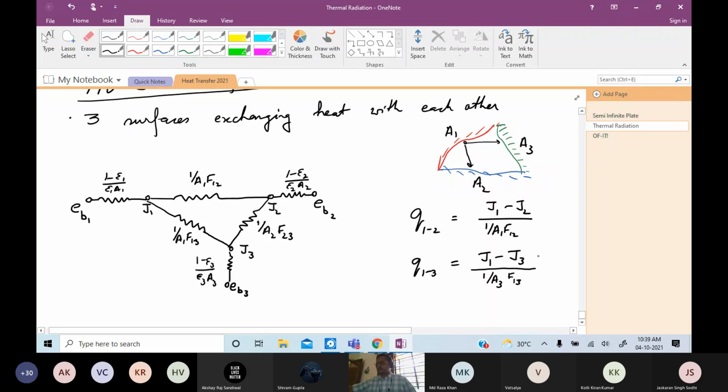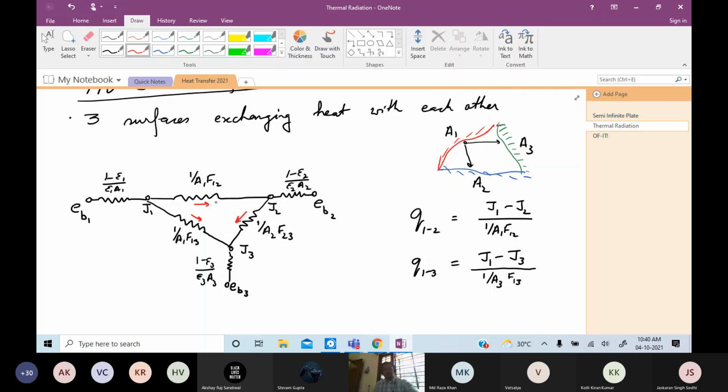Okay. If you look into this, I want to find out what are these three? Like just a current, like an electrical circuit.